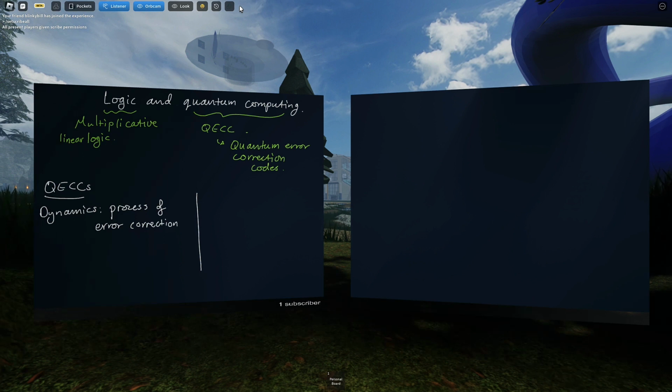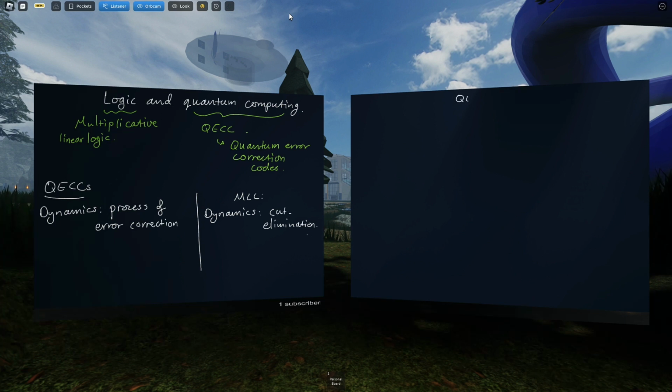On the other hand, we have multiplicative linear logic, and the dynamics here is a system of proof rewriting, which is referred to as cut elimination. And I'll be introducing that with more detail and with a proper explanation a little bit later.